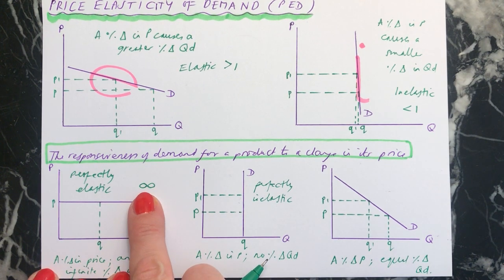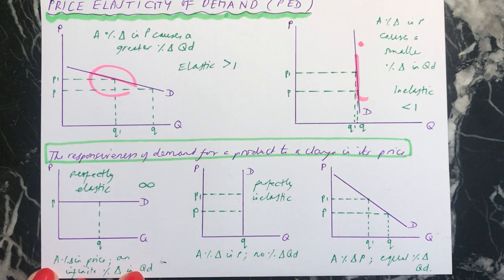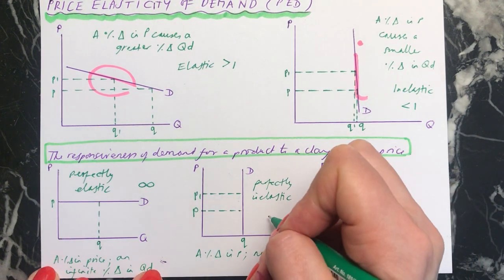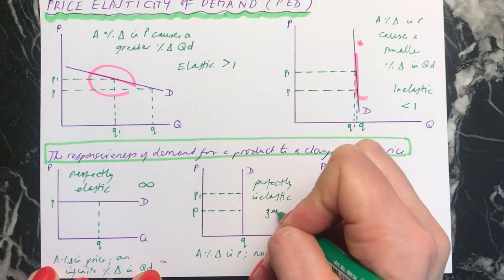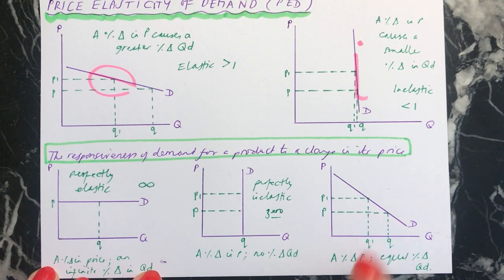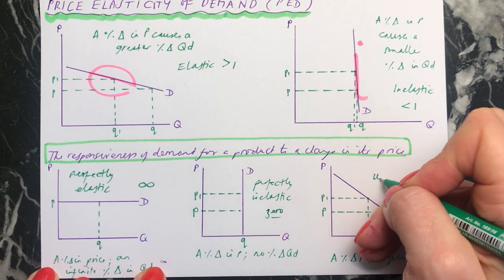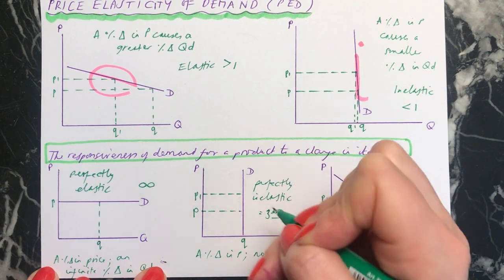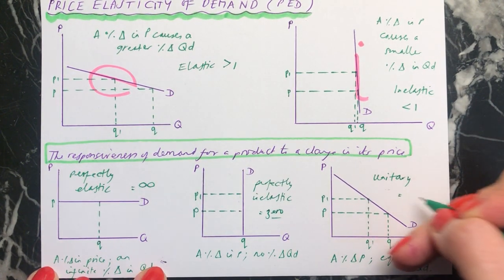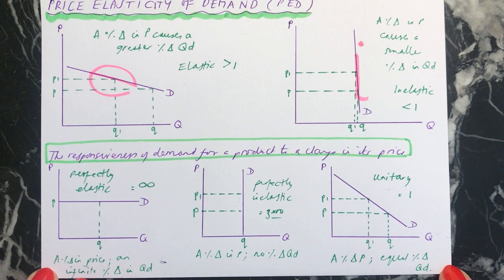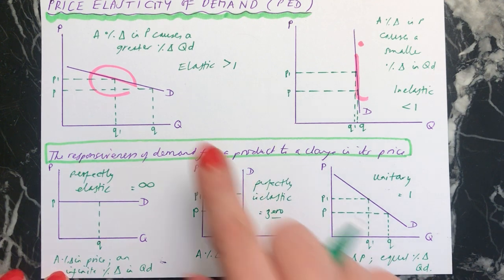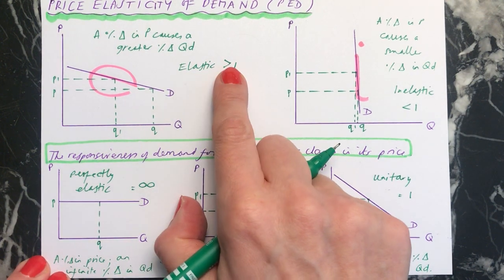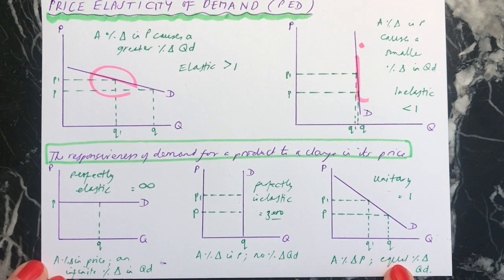This one, the value's infinity. This one, if it's perfectly inelastic, the value is 0. And this one, we say that this is unitary, and the value is 1.